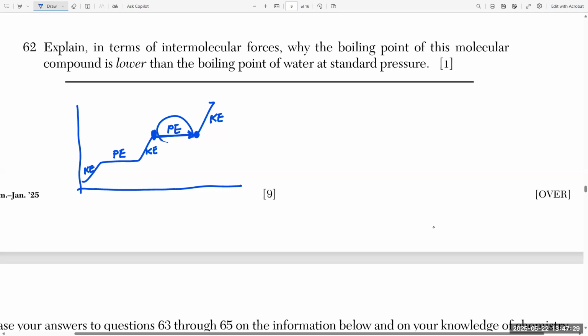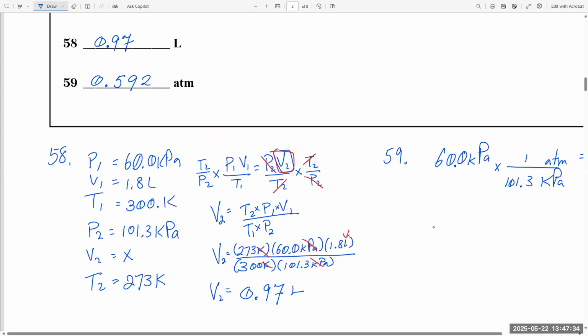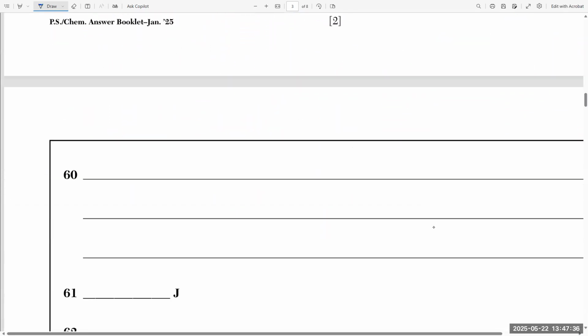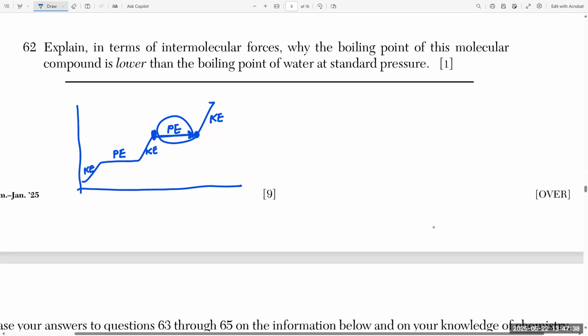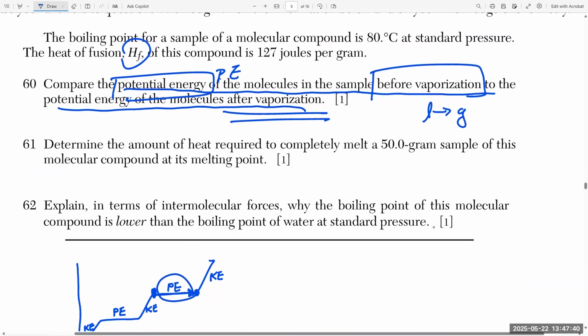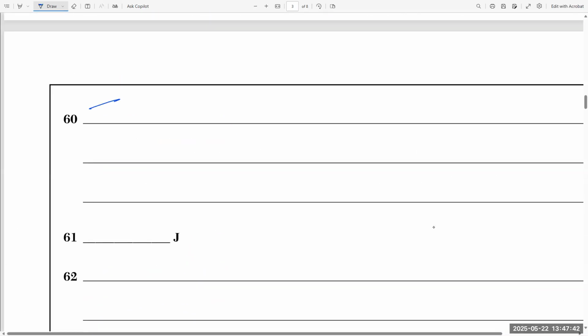Obviously you can see the potential energy is increasing, and that's what we're going to write. So we're going to go here to 60. Yeah, it's 60. You're going to say the potential energy increases.